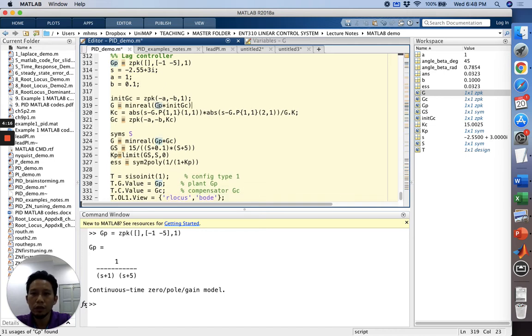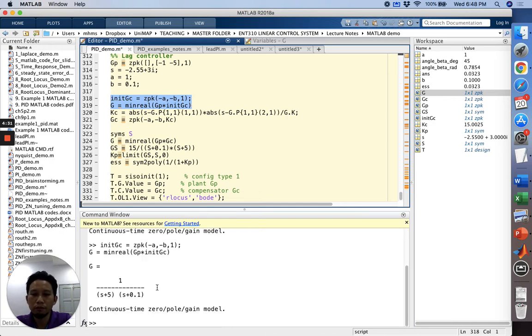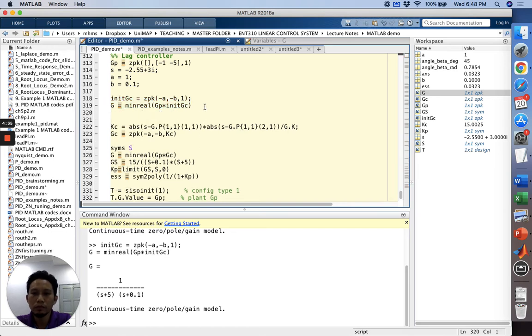We select our initial GC using the A and B values that we have described. Then G is the resultant of GP multiplied with the initial GC.